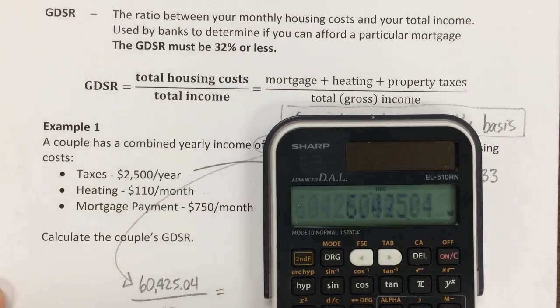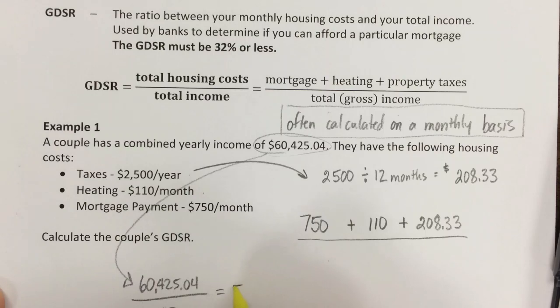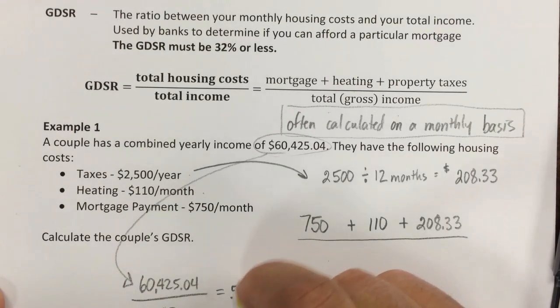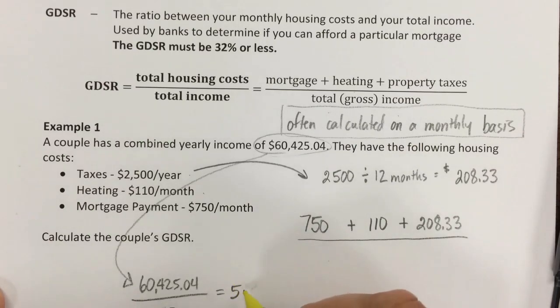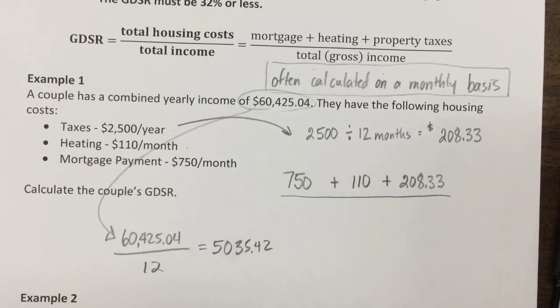Oh yeah, divided by 12. That's what I need to do. Divided by 12 is 5,035.42. I'm missing a zero. Let me try that again. 5,035.42. Okay, sorry about that little detour.